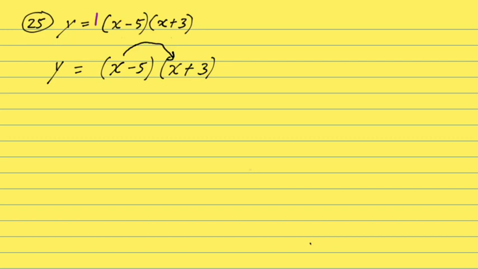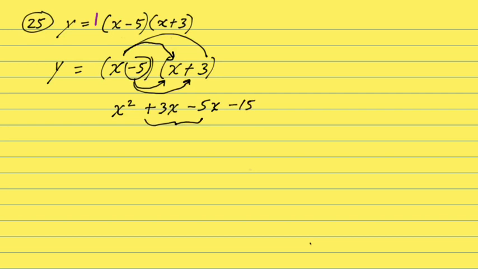X times x gives me x squared. X times 3 gives me 3x. Take this as a negative 5 times x is negative 5x. And negative 5 times 3 is negative 15. Most times the two middle terms will combine. I think in this case it gives me negative 2x.